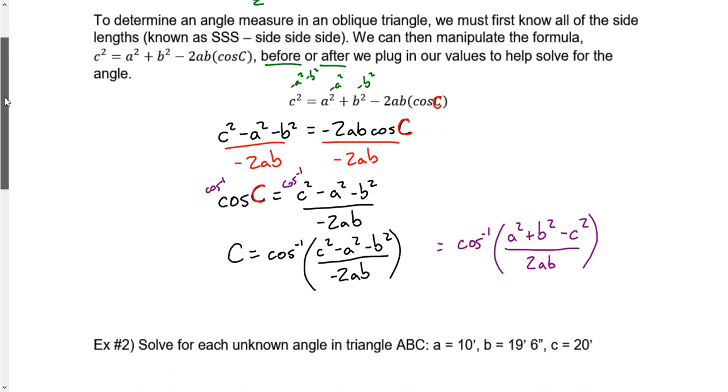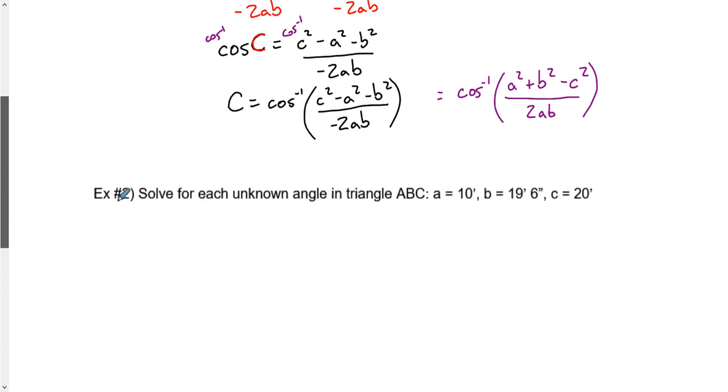So as an exercise, what we're going to do is we're going to have this triangle with A being 10 feet, B being 19 feet, 6 inches, and C being 20 feet. Add in a couple different units, because in Canada, absolutely, we're going to have to know each measurement system, at least to a comfortable extent.